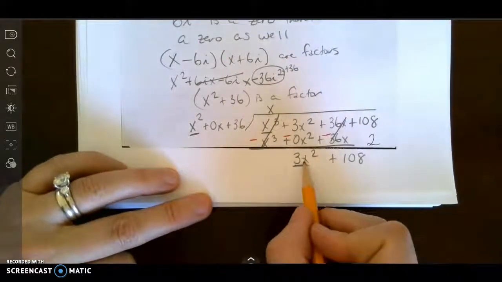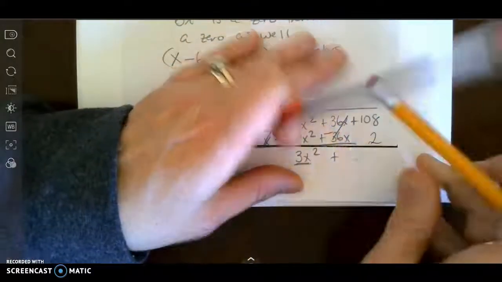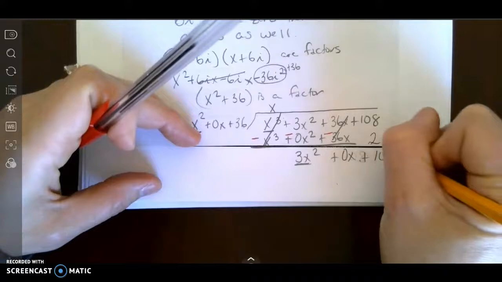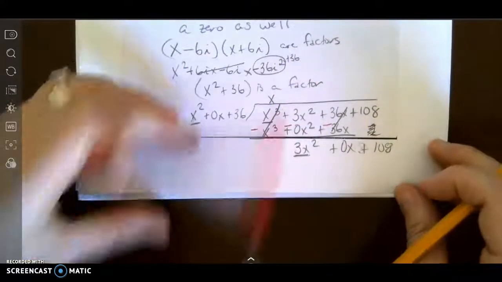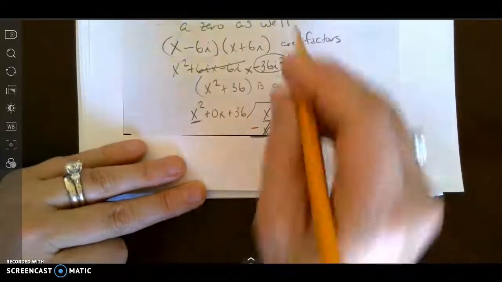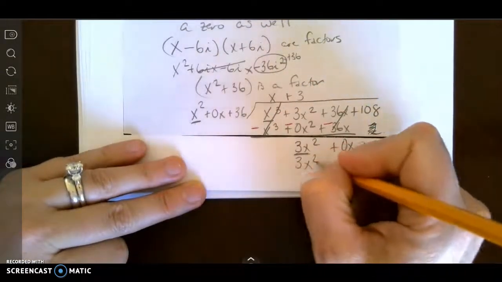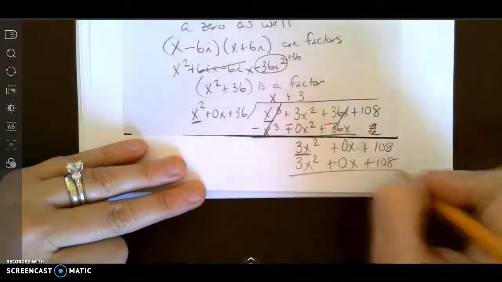Divide 3x squared, and I guess I could put in here the placeholder 0x and then have the plus 108. This 2 is just the page number. Don't let that throw you off. 3x squared divided by x squared is 3, and I get 3x squared plus 0x plus 108.